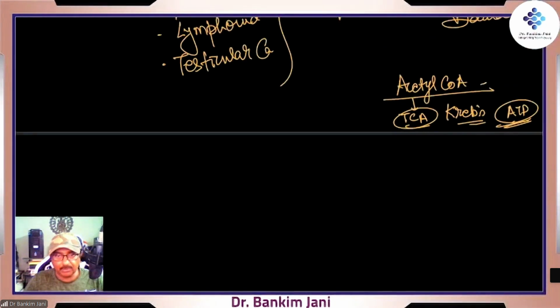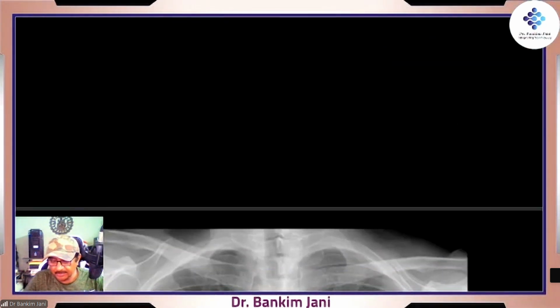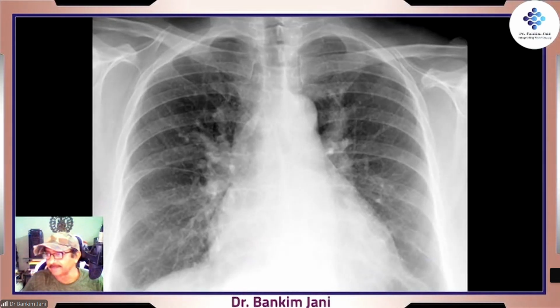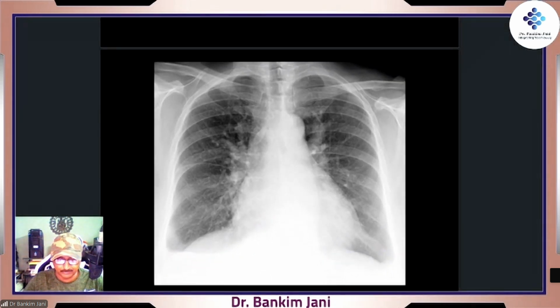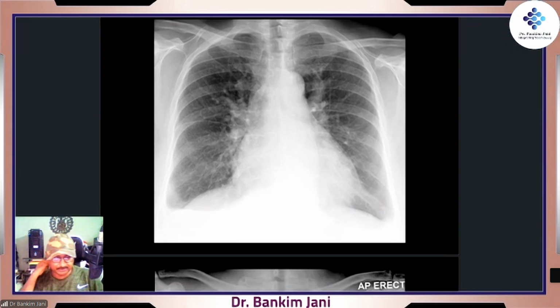Okay, so now we move on to these cases. The first case, watch this. First thing first, which should strike your mind is the size of the liver. Big one, right?